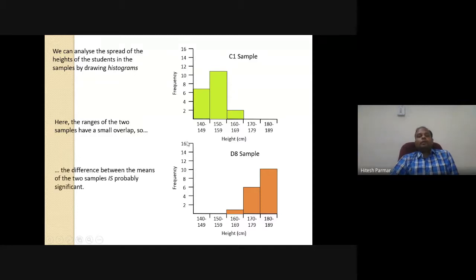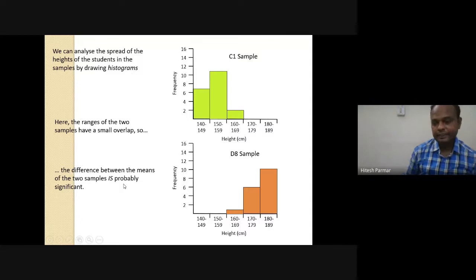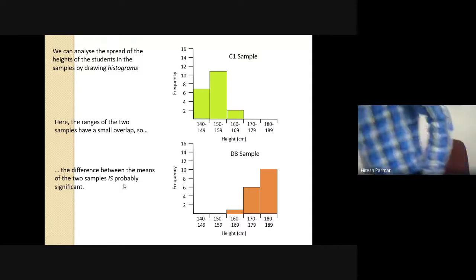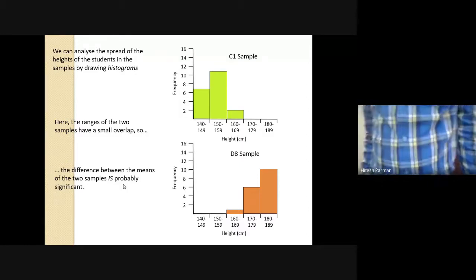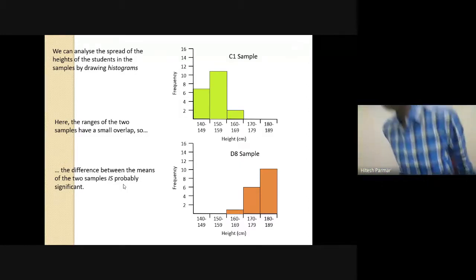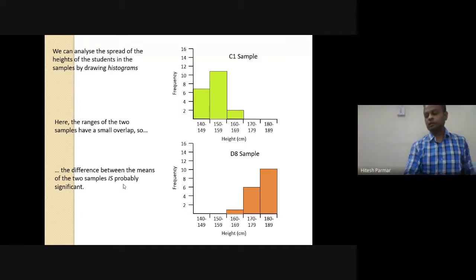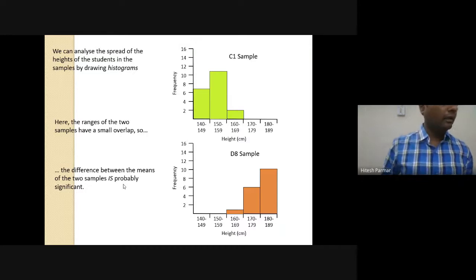So maybe the ranges of the two samples have a very small overlap. So the difference between the means of the two samples is probably significant. You can say that because of a very small overlap in the category 160 to 169 that you can observe.